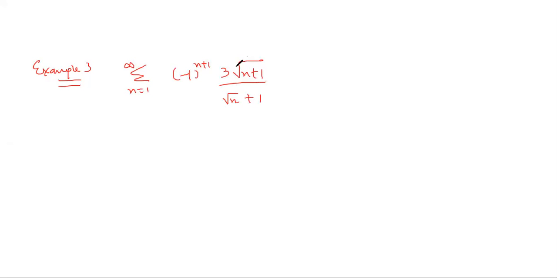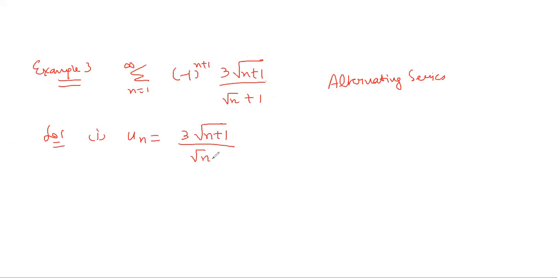So you see in the numerator the whole square root has n plus 1, while in the denominator it is just square root of n and then there is plus 1 separate. So I clearly identified, yes, this is an alternating series, so I'll be applying the test on it. So first is un. Un is 3 square root n plus 1 by root n plus 1. Yeah, so this is my un.